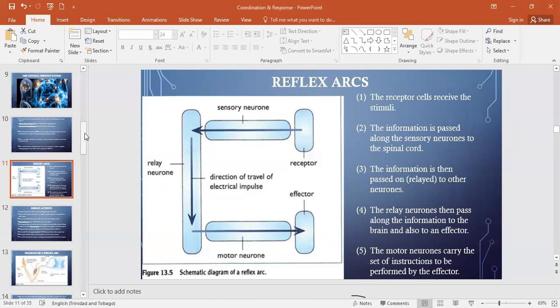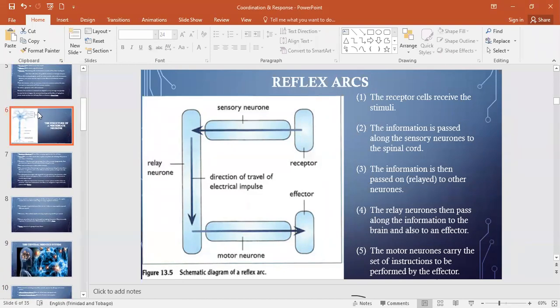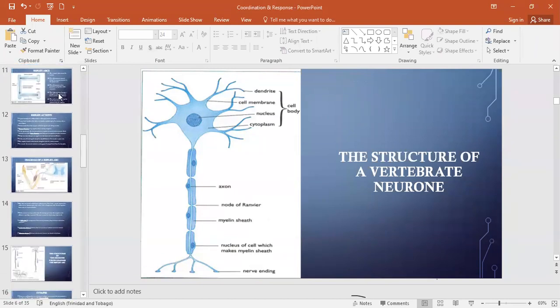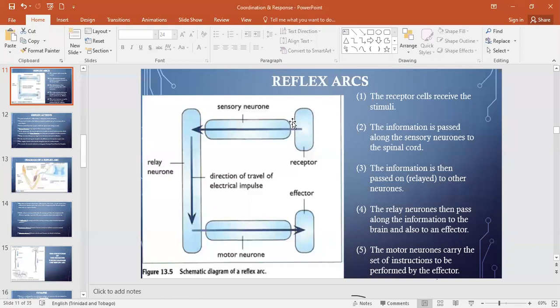Your sensory neuron would look something like this. You see the dendrites here, they will be located by this junction here, so that from the receptor it relays this information directly to your sensory neuron. So the electrical impulse continues to pass along in one direction.